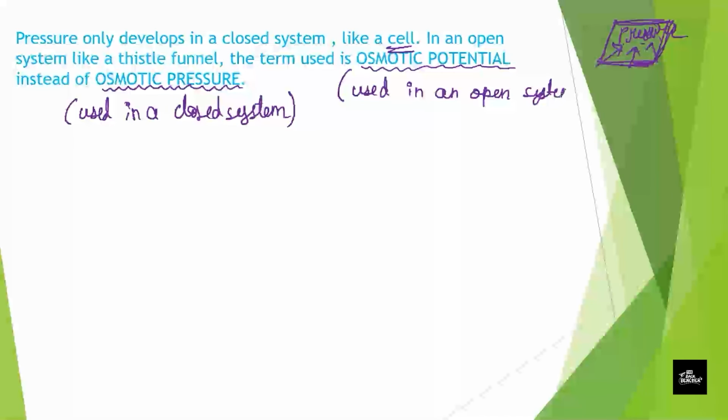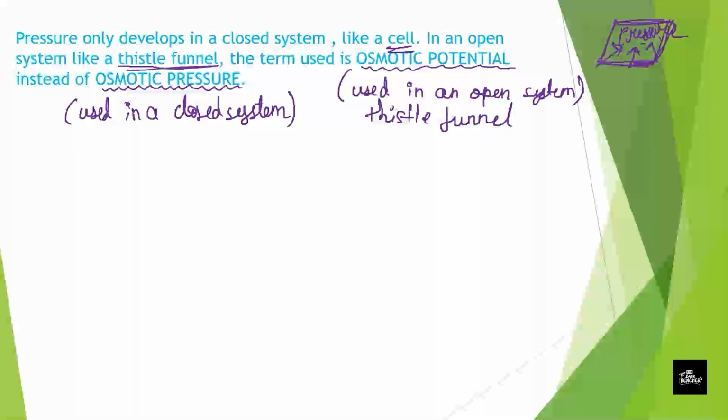An example of a closed system is also given here, which is a cell. An example of an open system is the thistle funnel, which is also written here.